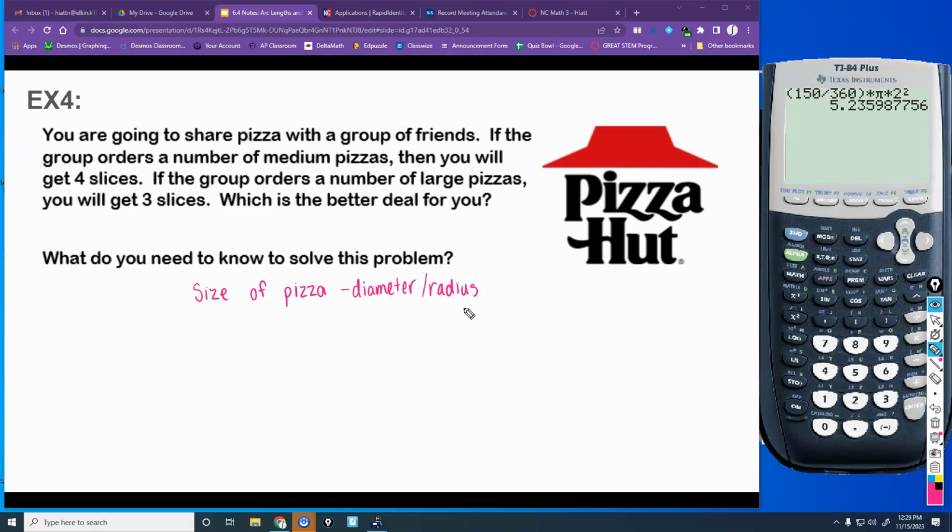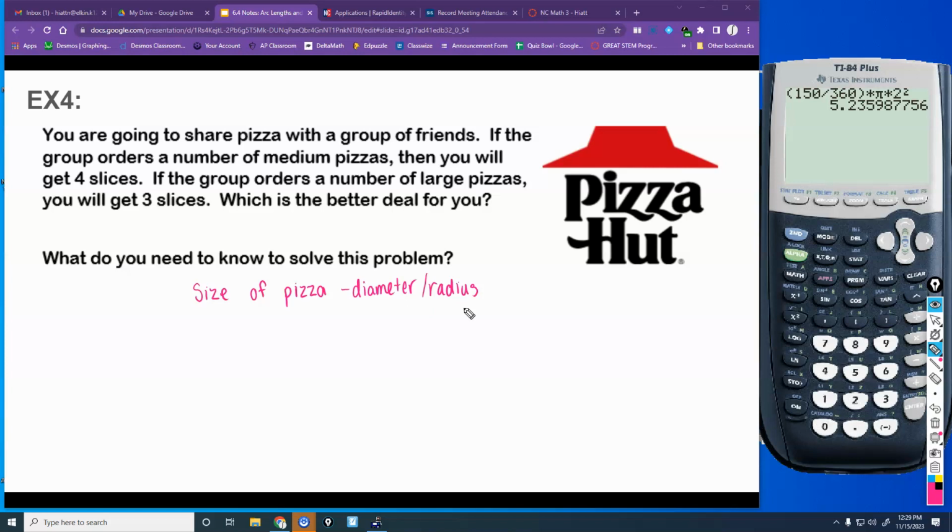What else do we need to know? What we are finding is how big each slice is, but we're not going to be able to look that up. Hopefully, so that I don't have to make this up.